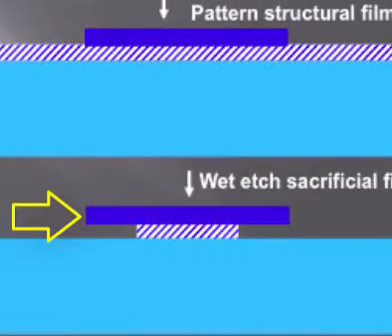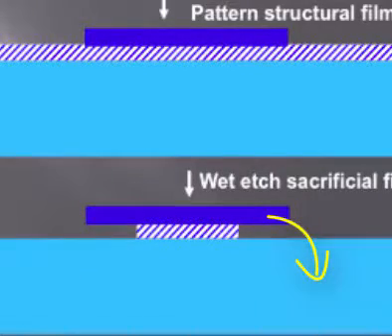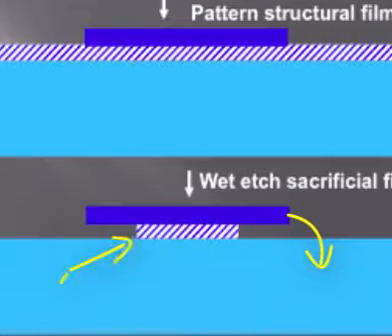Now if I wanted to attach this blue piece to the substrate, what would I have to do to attach it? What do you think? Deposit another layer on top of it, could you? Well, how am I going to attach this to this? You got this thing in the middle, this layer. What do you think I have to do?